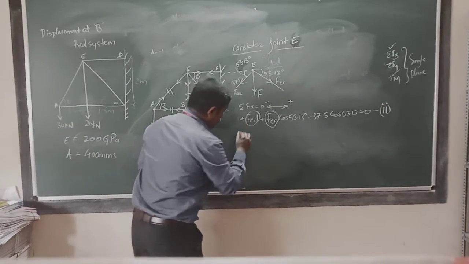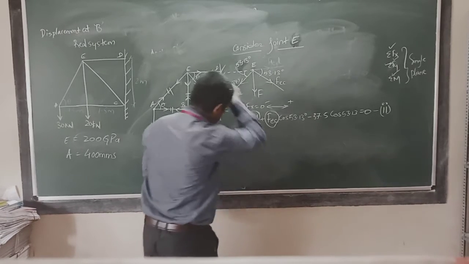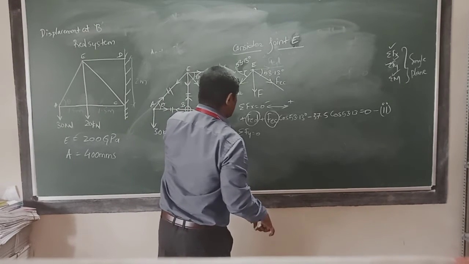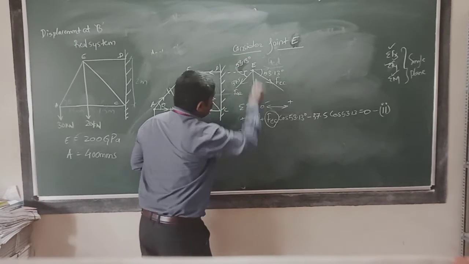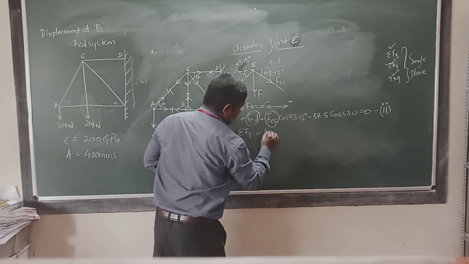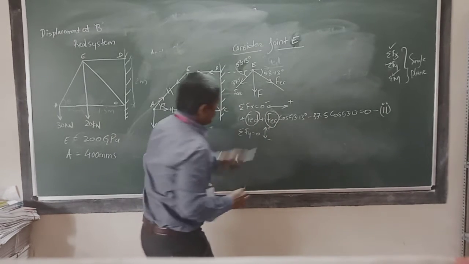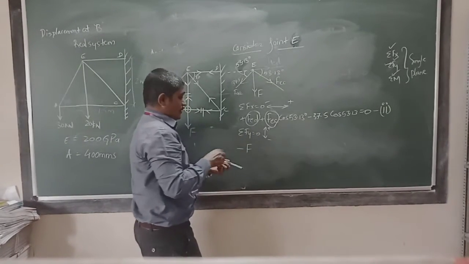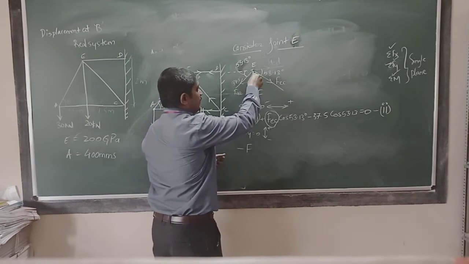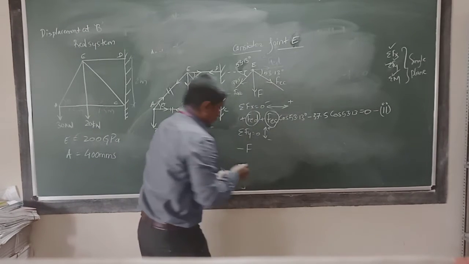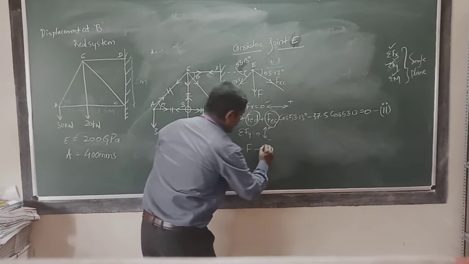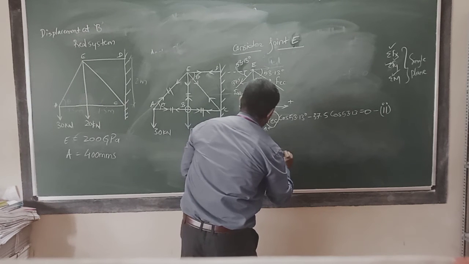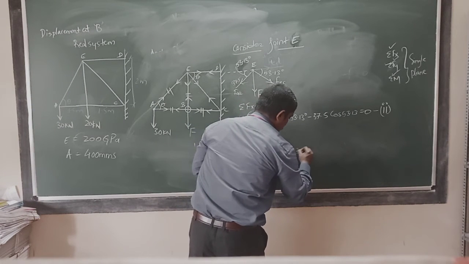Now you go for summation of Fy is equal to 0. Here downward force we are keeping as negative, upward as positive. Minus F, the first force. Then this one FAE, when you make it vertical, it is going away from the theta, sin theta. Going downward means negative, that is 37.5 sin 53.13.